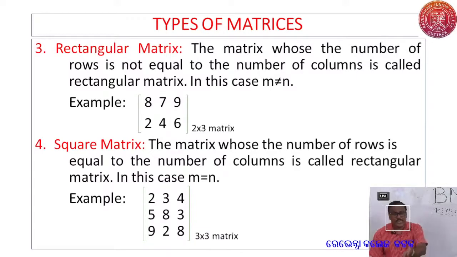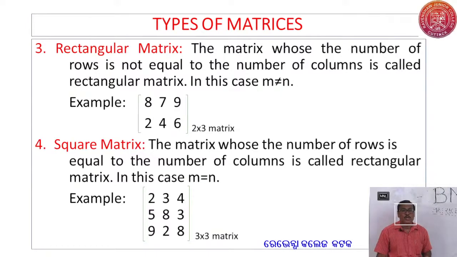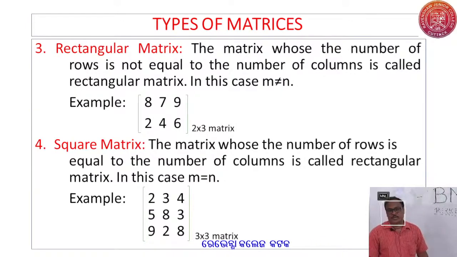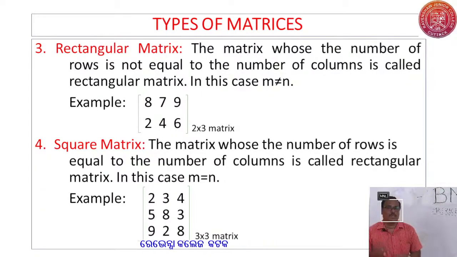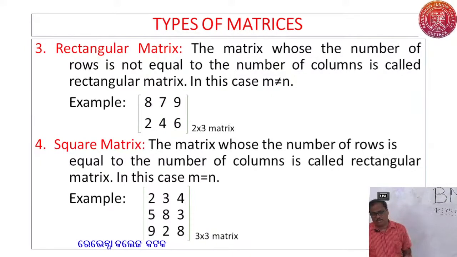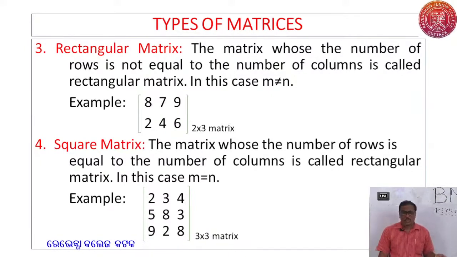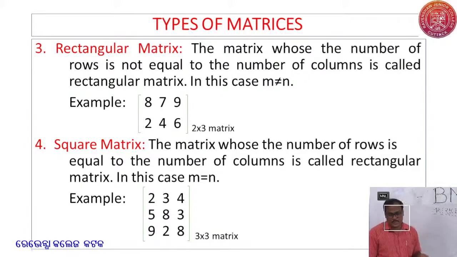So you find 3 rows and 3 columns. This is called a square matrix because m is equal to n. The number of rows is equal to the number of columns, so the matrix whose number of rows is equal to the number of columns is called a square matrix.